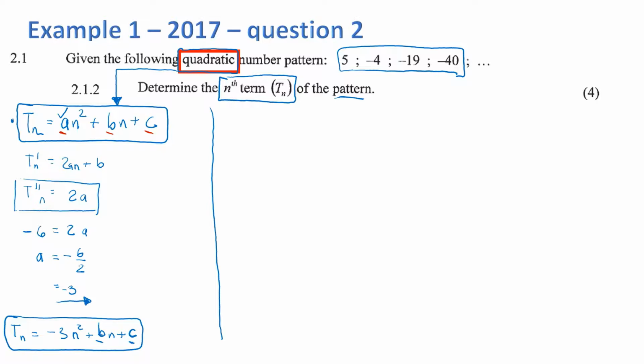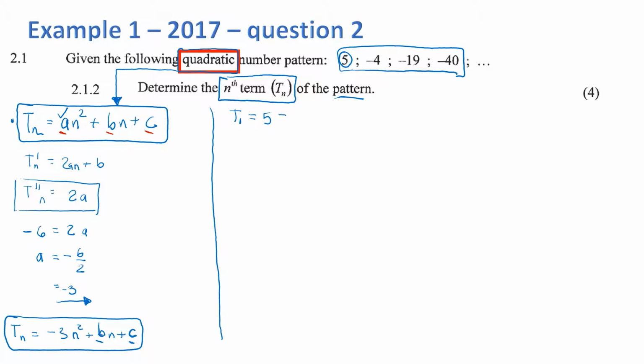So, let's do the first equation, right? So T1. Well, T1 I know, that's the first term there. That guy over there is 5, right?